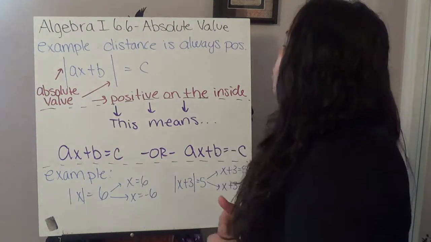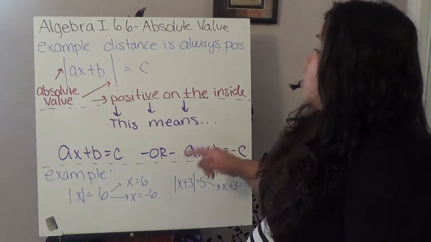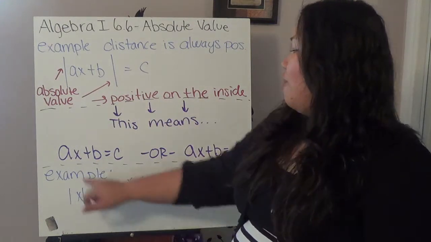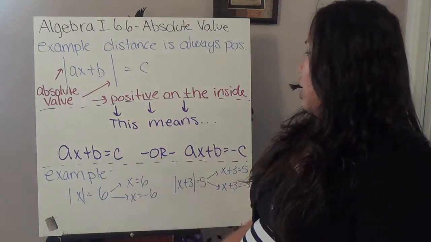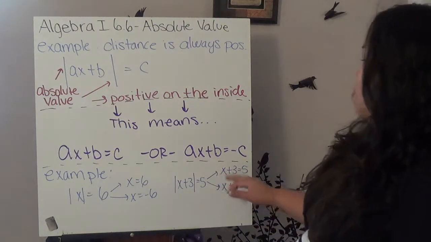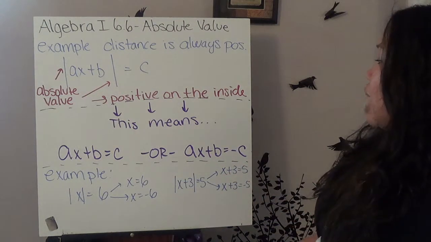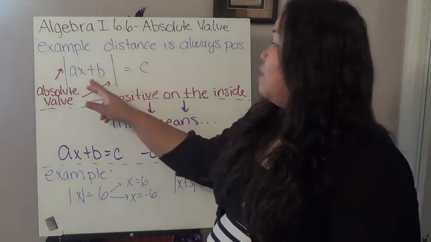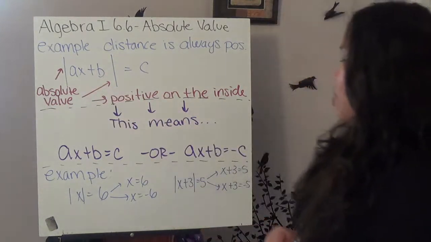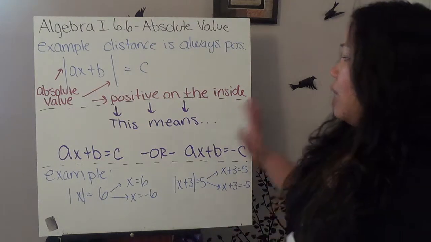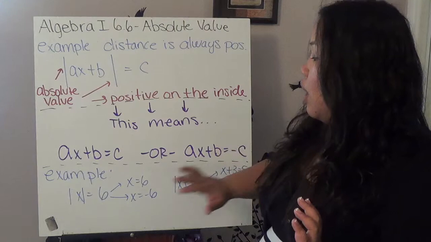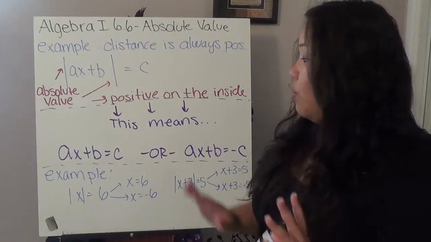So the absolute value of ax plus b equals c means I have ax plus b equals c, or ax plus b equals -c. So I can either have a positive number on the inside or a negative number. This might be a little confusing, so pay attention for 2 seconds, and I'll put actual numbers.